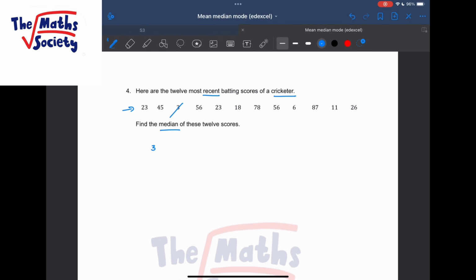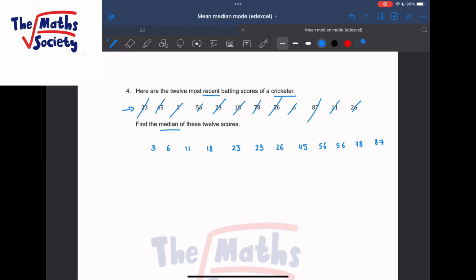And then we have 6, then 11, then 18, then 23, and then another 23. Then we have 26, then 45, and then 256, and then 78 and 87.